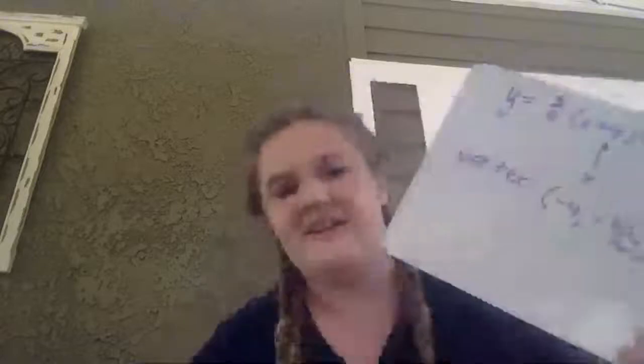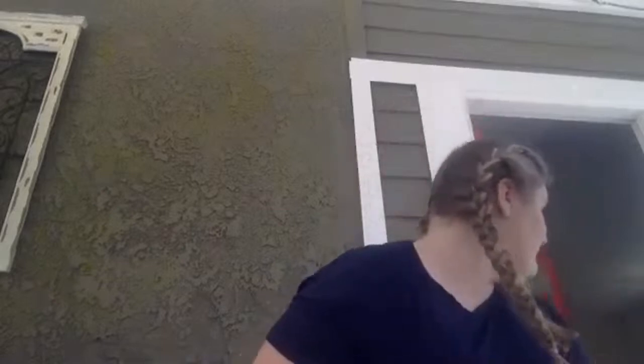Let me erase this because we already found our vertex. So to find our x-intercepts, we are going to add the 27/16 to the other side. So we get 27 over 16 equals.